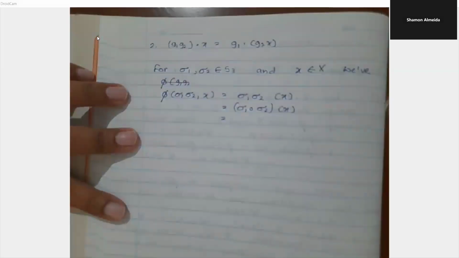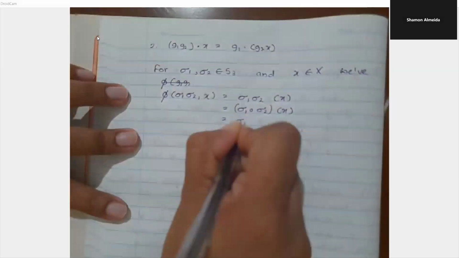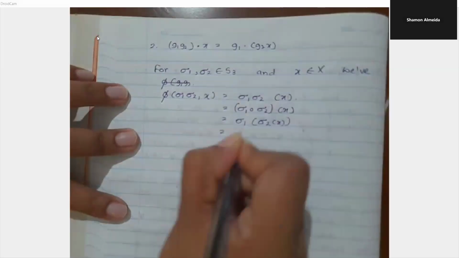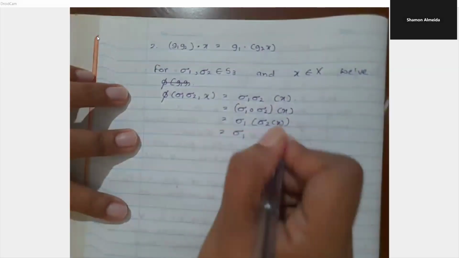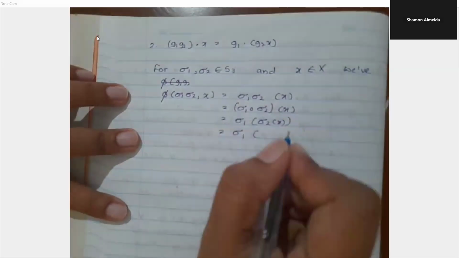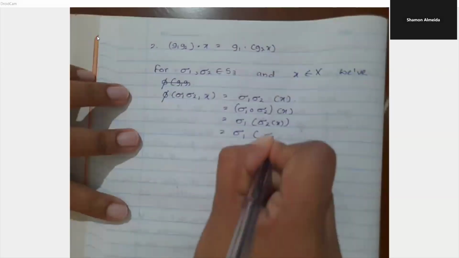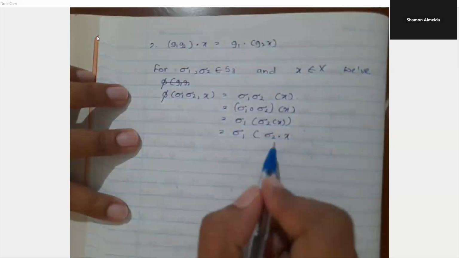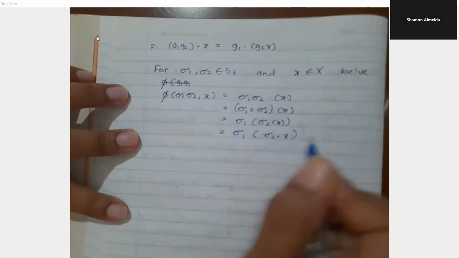From the definition of function composition, we can write it as sigma 1 of sigma 2 of x. This, sigma 1 of sigma 2 of x, is simply sigma 2 dot x, or in other words, phi of sigma 2 comma x, right?